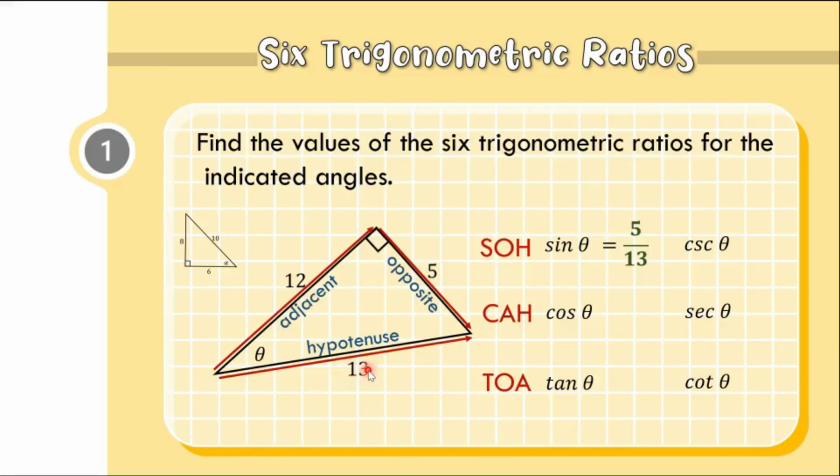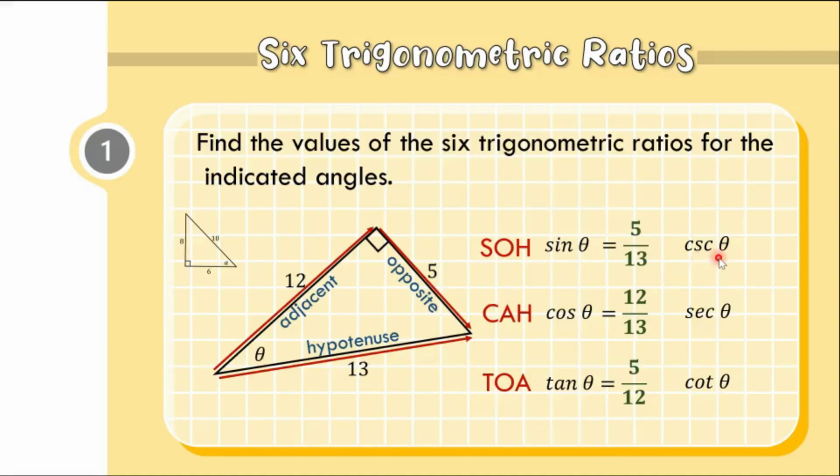Hypotenuse is equal to 13. Therefore, cosine theta is equal to 12 over 13. Next is TOA. It means tangent is equal to opposite, which is 5, over adjacent, which is equal to 12. Therefore, tangent theta is equal to 5 over 12. So these are the first 3 trigonometric ratios.